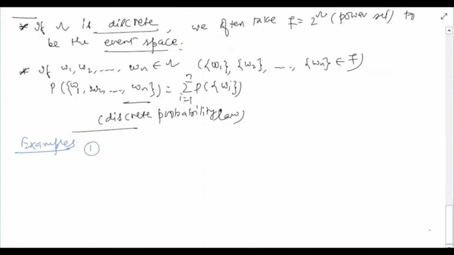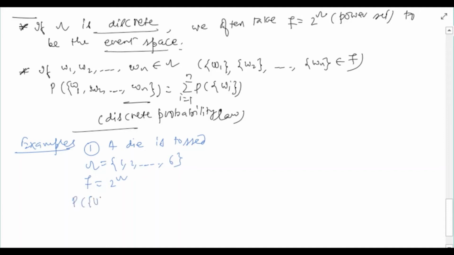First, consider the experiment where a die is tossed. In this case, sample space will be, as we have already seen, 1 to 6. Event space will be power set of omega, that is collection of all subsets of omega.